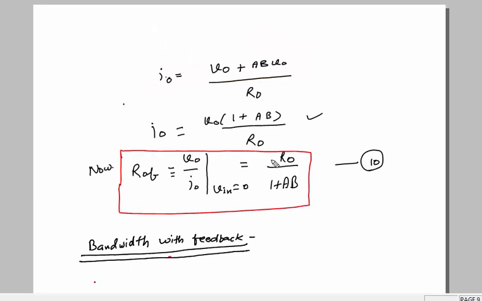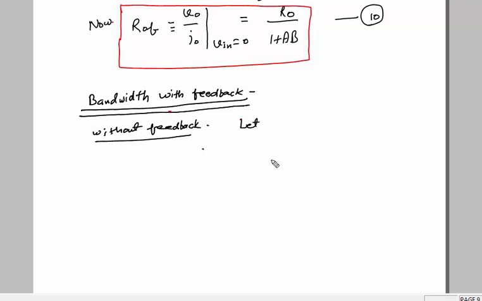First, let us define without feedback: let the gain be A and the bandwidth be F naught. So the gain bandwidth product will be A F naught, where GBW is the gain bandwidth product.